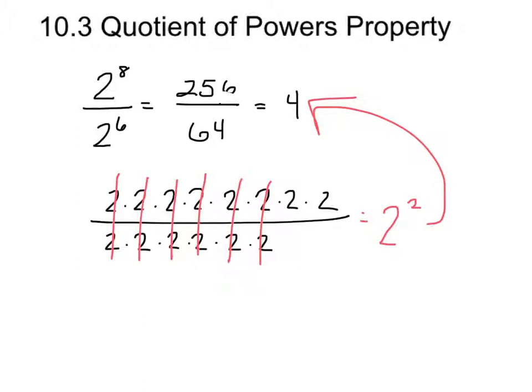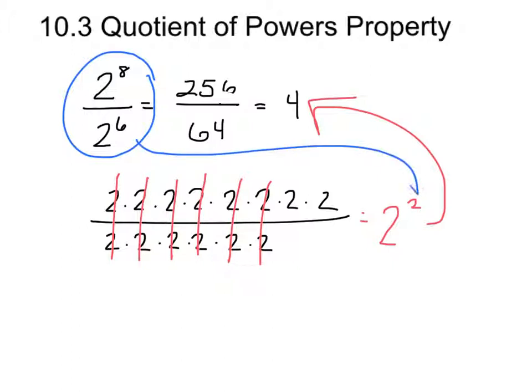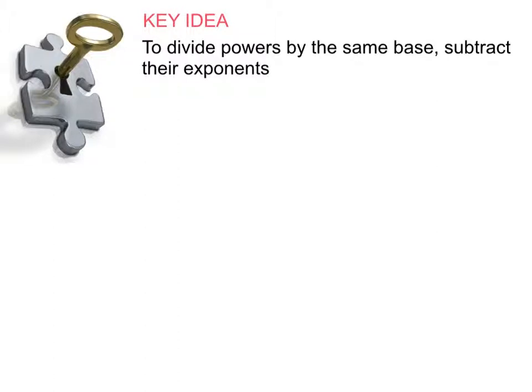What rule could you make to go from this to this? You're going to subtract the powers when you're dividing by the same base. So your key idea says this. To divide powers with the same base, you're going to subtract their exponents.